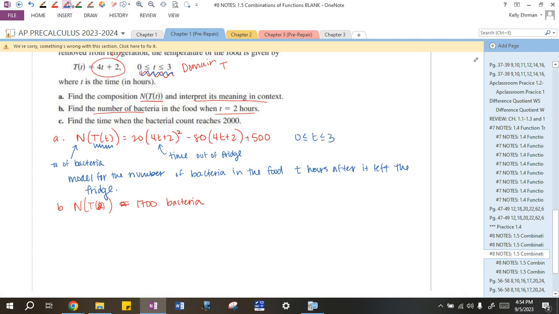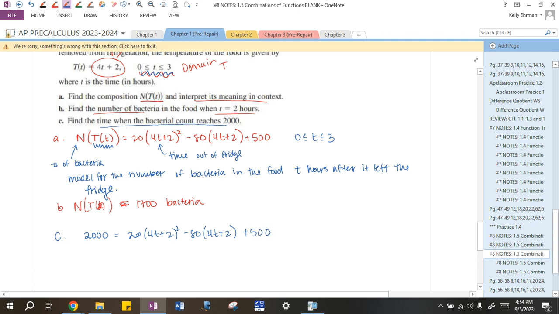And then part C, find the time when the bacteria count reaches 2,000. Now this would be an annoying quadratic formula problem to solve. But what C is saying is when is 2,000 equal to 20 times (4t plus 2) squared minus 80 times (4t plus 2) plus 500.